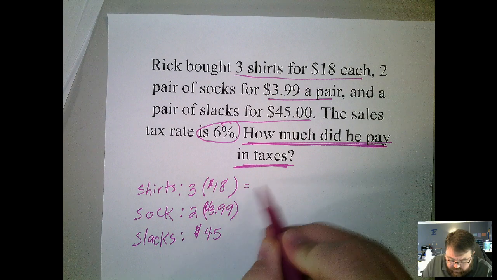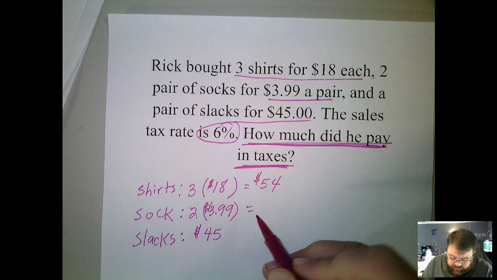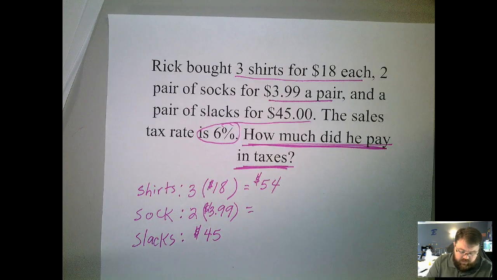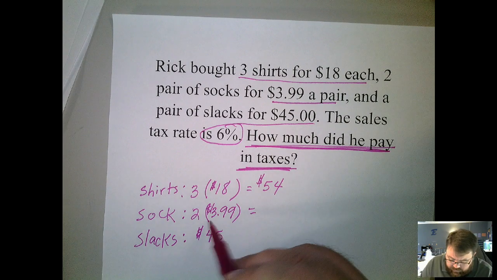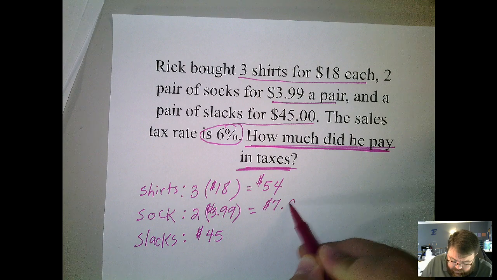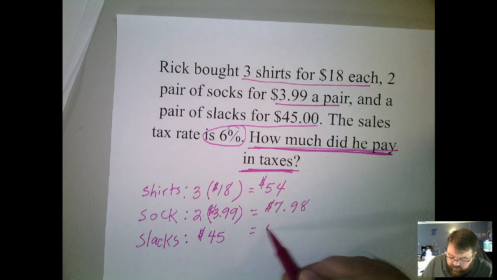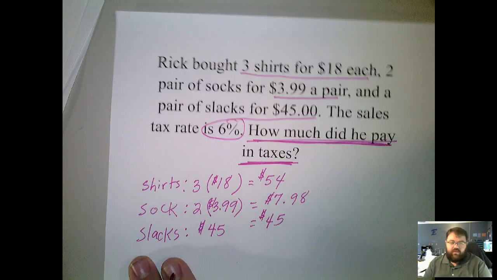So 3 times 18 is $54. And then for the socks, it's just going to be $3.99 times 2, which is going to be $7.98. And then the $45 for the slacks.